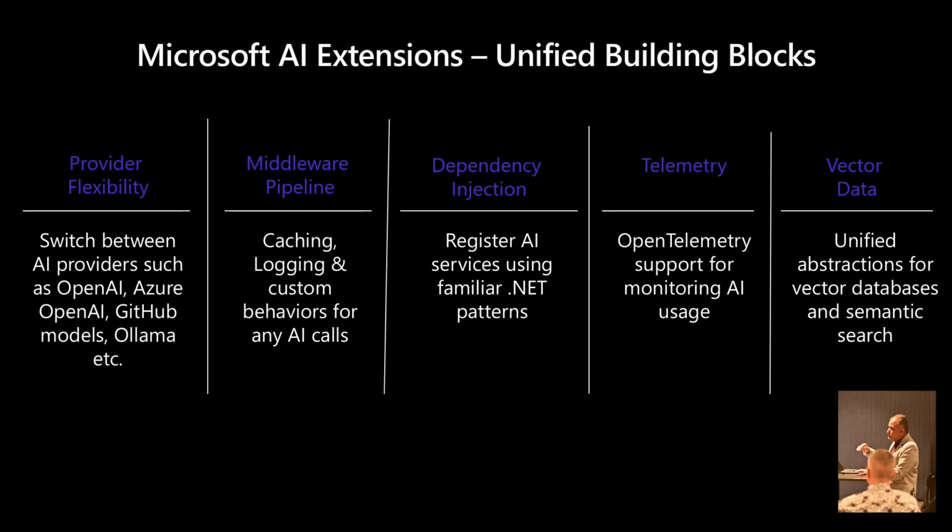We can use that as part of these AI web APIs as well. Dependency injection is a well-established pattern in .NET, so that again is part and parcel of this. OpenTelemetry is supported for monitoring purposes, and there is also support for the abstractions for vector data. So it's really an enterprise-grade framework and tooling that's available, which we can use to build the agents.